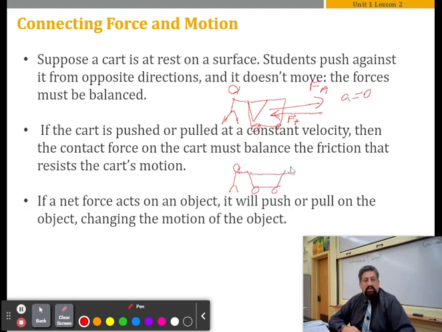Then if you start running and applying more force, and the force of friction is still the same, if you apply more force than the force of friction, so your applied force is greater than your force of friction, then your acceleration is going to be greater than 0.